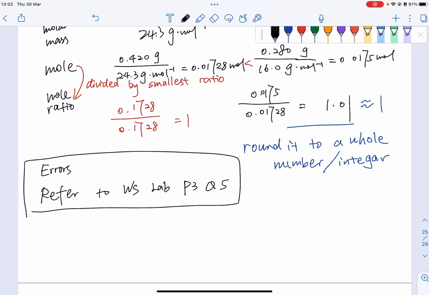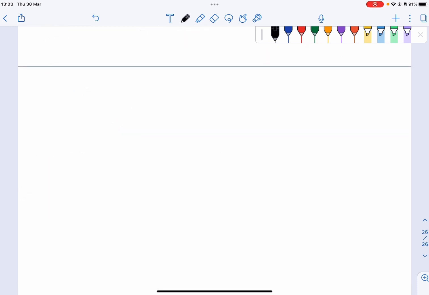Alright, so now let me show you the answer to how to describe this experiment. For this experiment, I will write experimental method here, or you can also simply write procedures. Remember that we did 3 weighings in the videos, right?